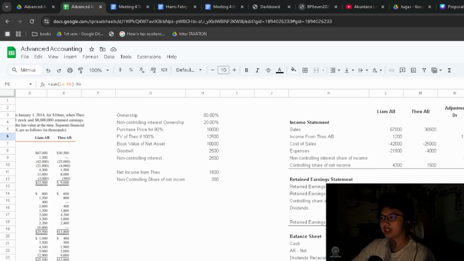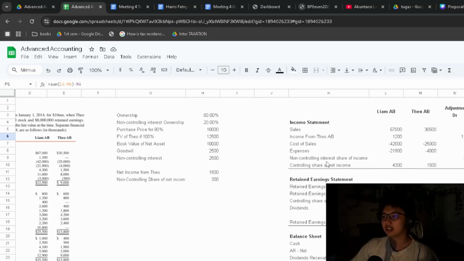And then I adjusted by not including this and subtracting by non-controlling interest. I don't include the income from Theo, as income from Theo here already comes from the sales amount subtracted by the cost of sales and the expenses. And so there's no need for me to record this in the consolidated statement, or else it will just be like double recording, which is not good, right?